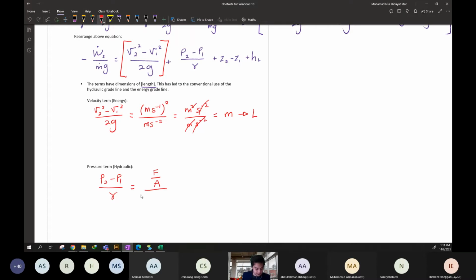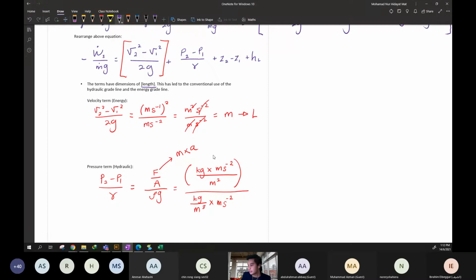Gamma, what is gamma? Rho multiplied with the gravity. The force is equal to mass multiplied with acceleration. The mass is kilogram. The acceleration is meter second^-2, over area, meter squared, over rho, which is the density, mass over volume, meter cubed, multiplied with the gravitational acceleration, which is m s^-2.